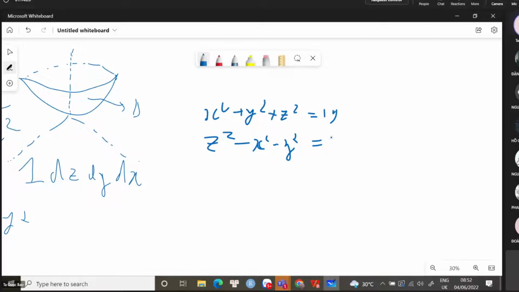Okay, so this equal to 1. Okay, so maybe some mistake here.